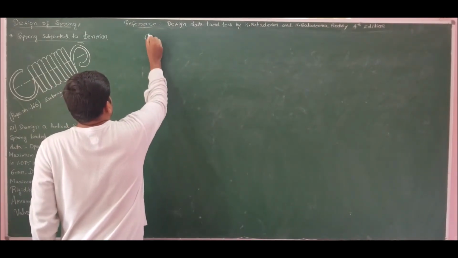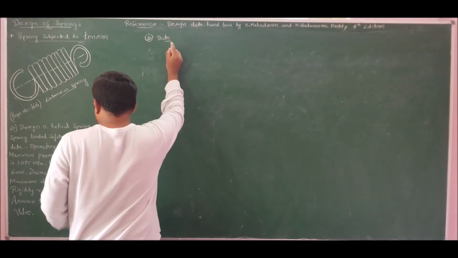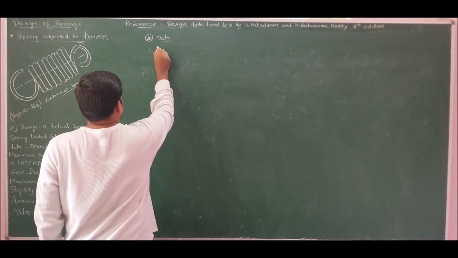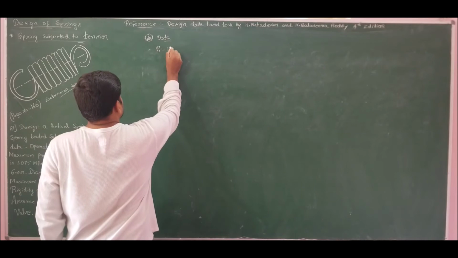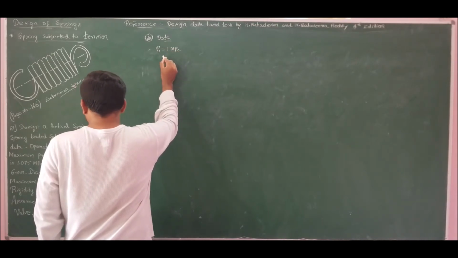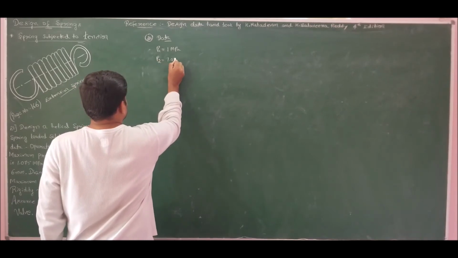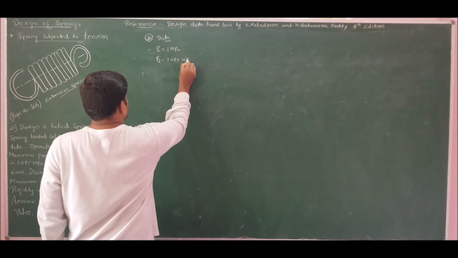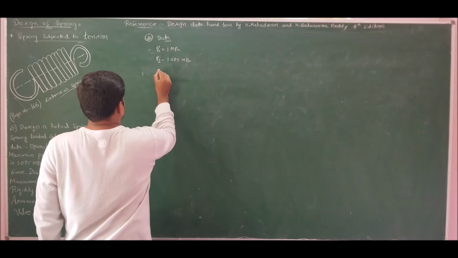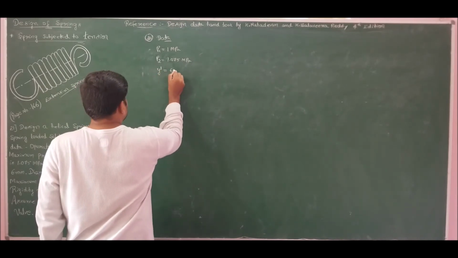so for problem number 21, the data given are: there is an operating pressure, it starts operating when pressure reaches 1 megapascal. Let us take it as pressure P1 as 1 megapascal, and it completely blows off when pressure reaches 1.075 megapascals. So lift for this pressure range is given. Let us take it as y dash as 6 millimeters.